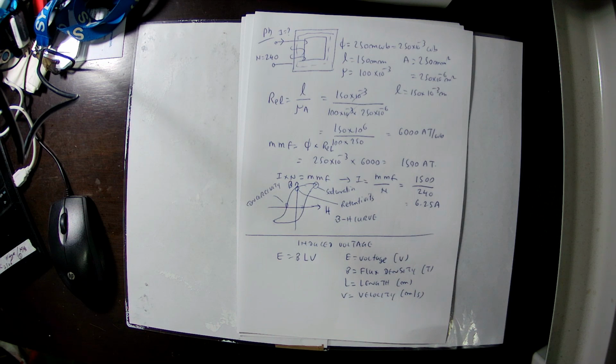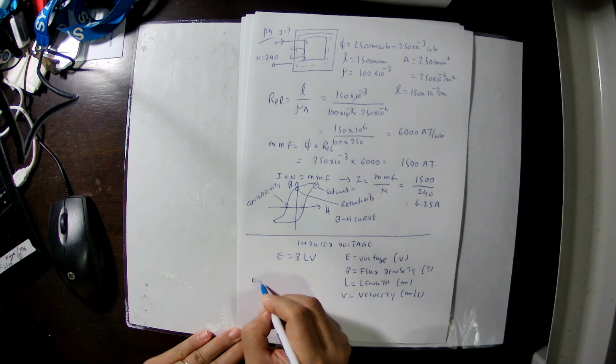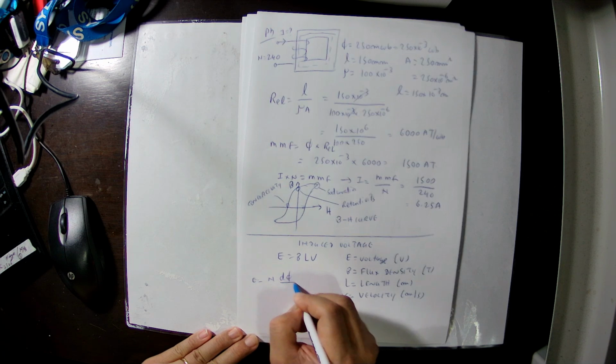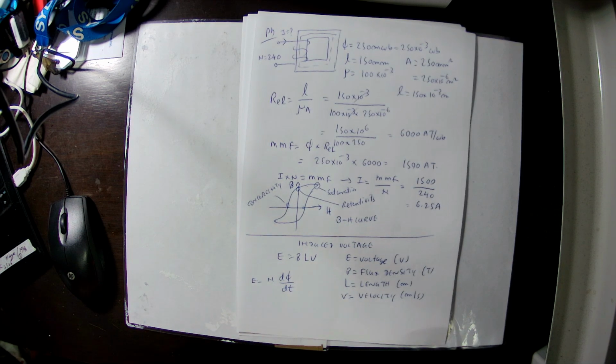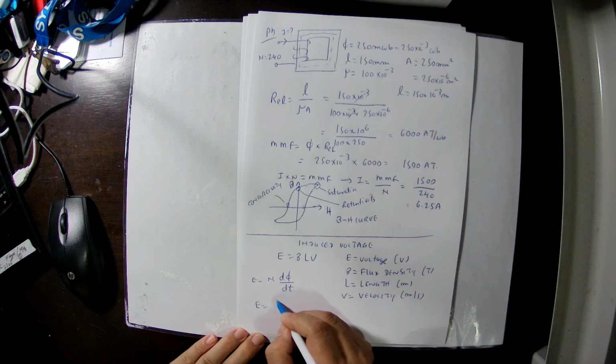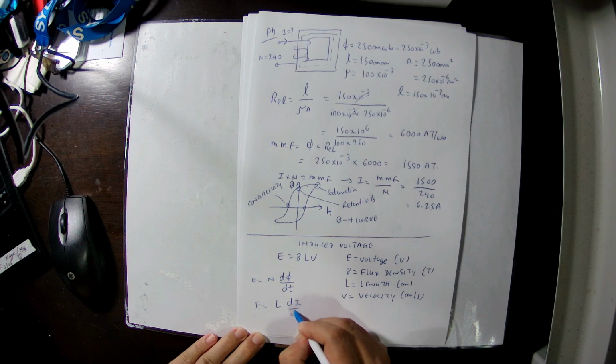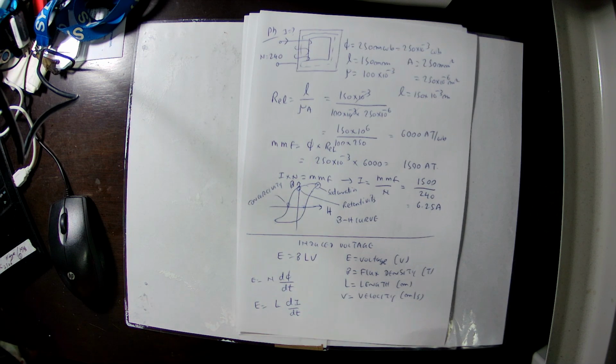The induced voltage can also be calculated as E equal to N dΦ by dt, the number of turns multiplied by the rate of change of flux. Also the voltage can be calculated as L di by dt, where L is the inductance multiplied by the rate of change of current.